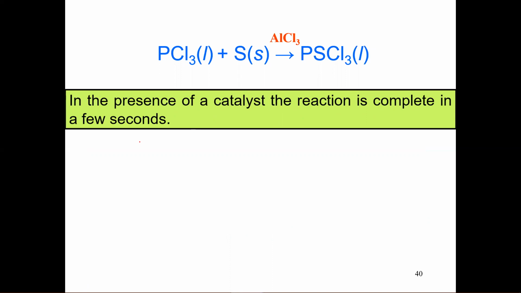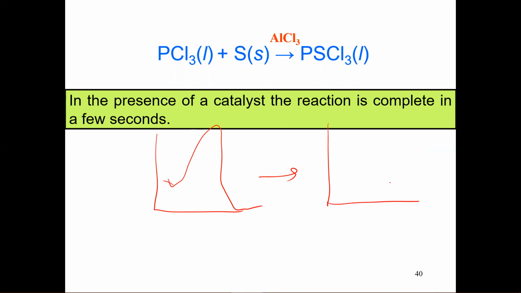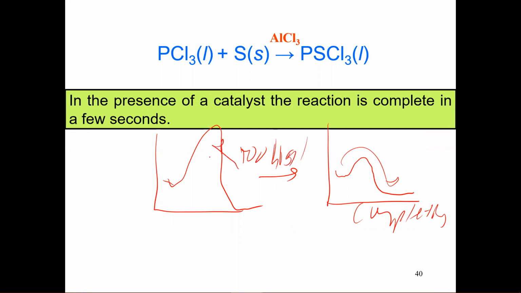So this might be a diagram where you've got a very high activation energy, and then you switch to the catalyzed pathway and start at this point again, and you get a lower one. This is enough to enable the reaction to go to completion, whereas this is too high without the catalyst over here.